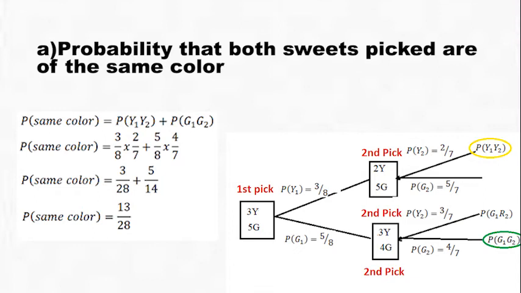We add because of the word "or", since the 2 outcomes are not the same and are said to be mutually exclusive events.